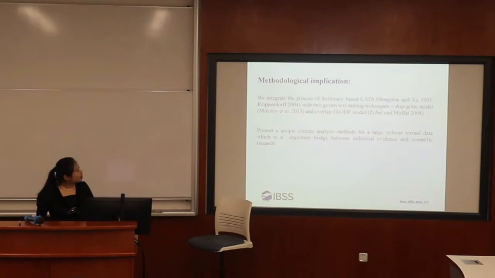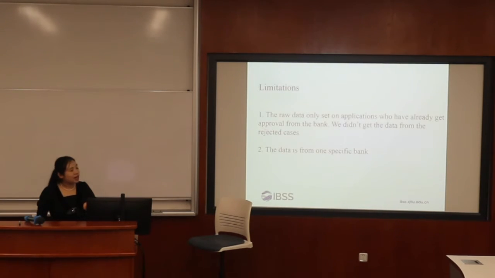So, as we discussed before, we use the dictionary-based CATA method with two broad text mining techniques, skip-gram model and overlap TF-IDF model in our research to help us to deal with a large volume of texts, but it has some limitations itself.